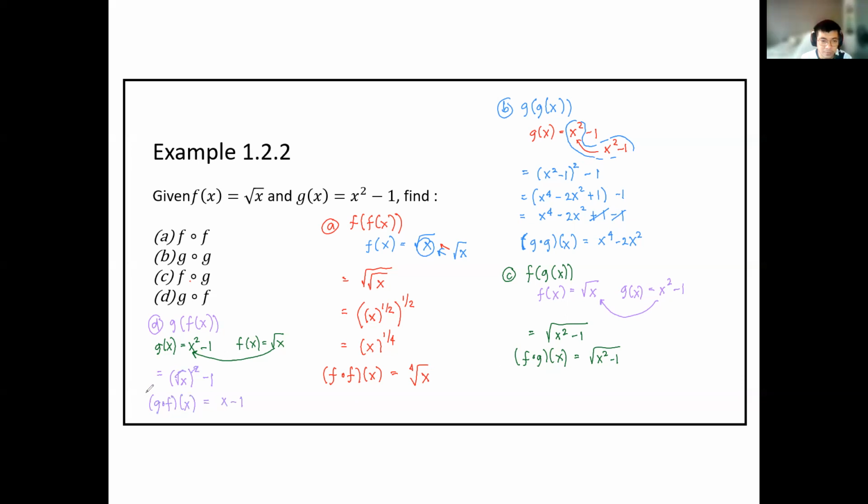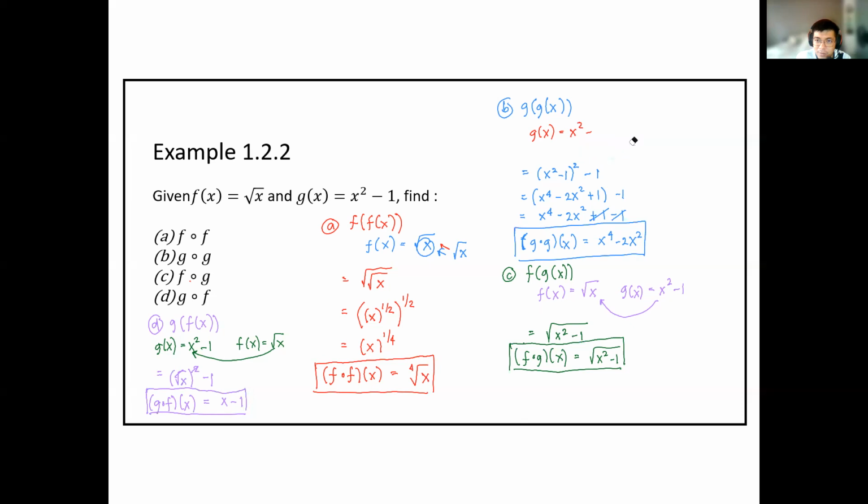Of course, don't forget to box your final answer so that it's easy for me to check your answers. So to properly state it, let's try to erase this one first.